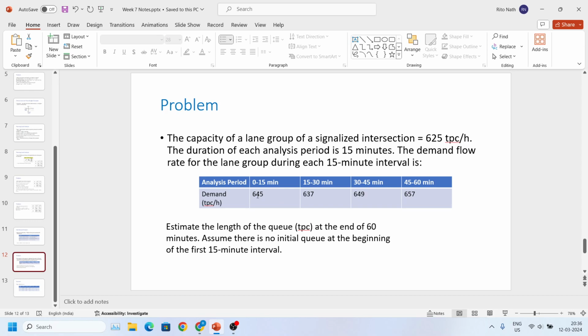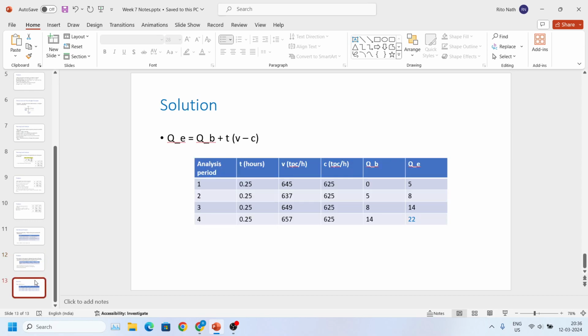Now at every interval, this is the difference v minus c. You multiply it with time t, and whatever is left over from the previous analysis period, you add it up, and that gives you the total length of the queue. For the first one, there are 20 TPC per hour of extra spillover, and if you multiply it with time, you get the length of the queue in TPC.